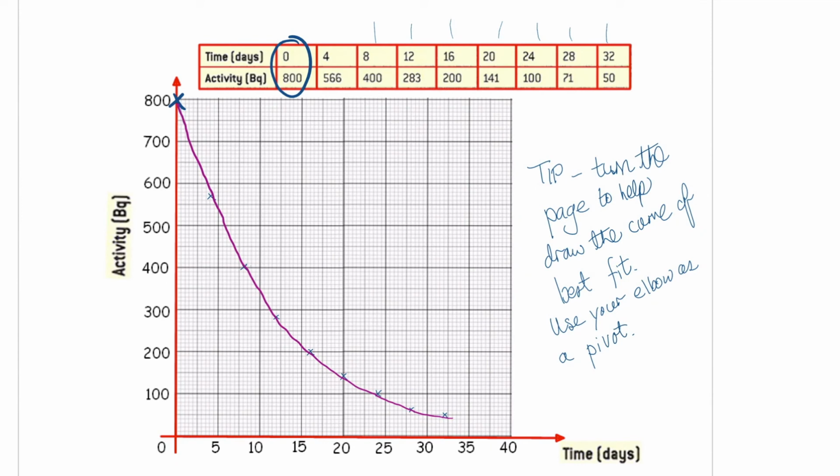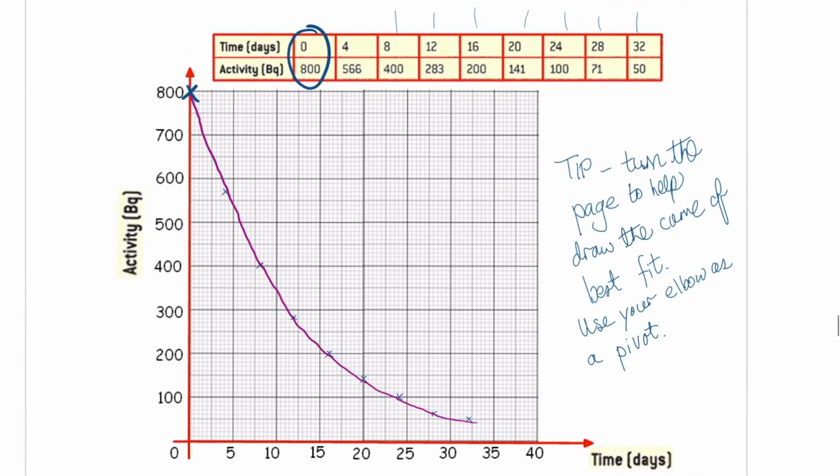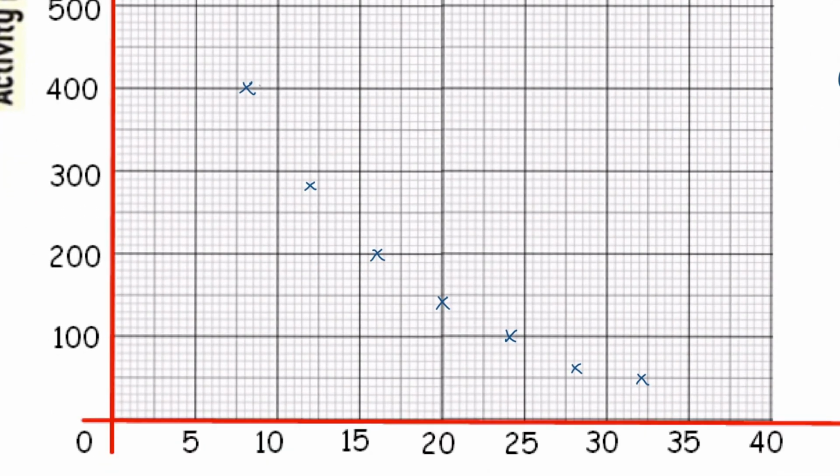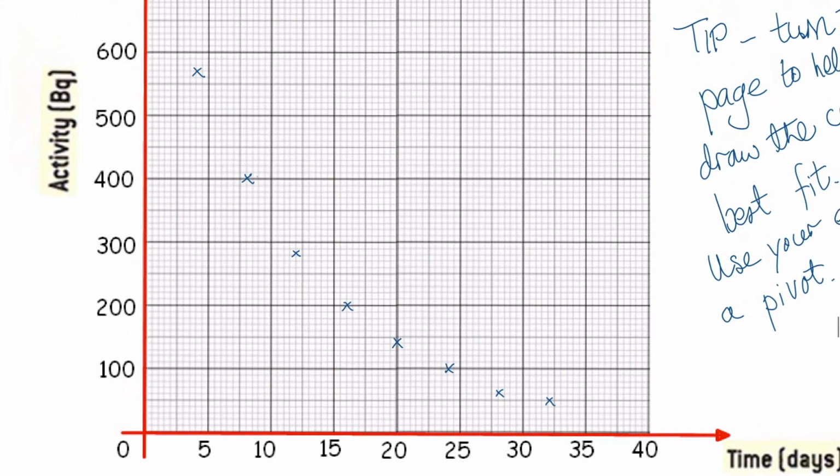I've gone ahead and plotted those points, and also in purple I've put in a curve of best fit. So check you've first of all got those points in. If I just remove that curve of best fit for a moment, that's what each of your points should look like when plotted.